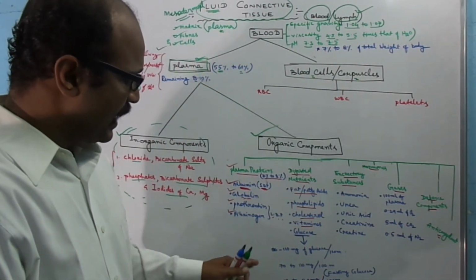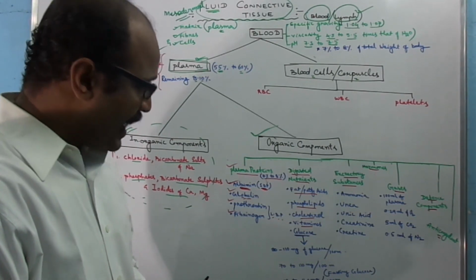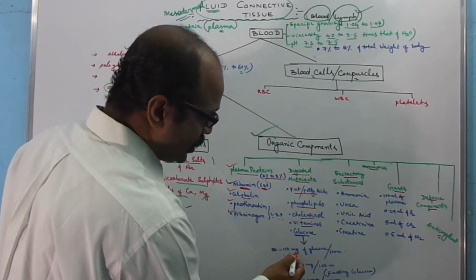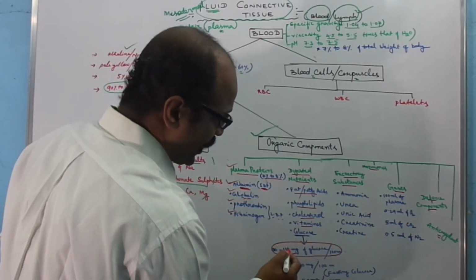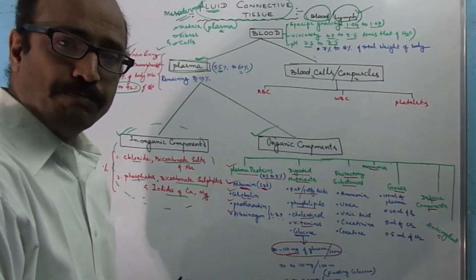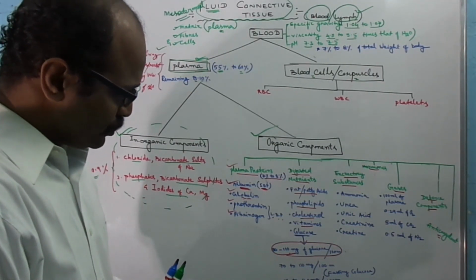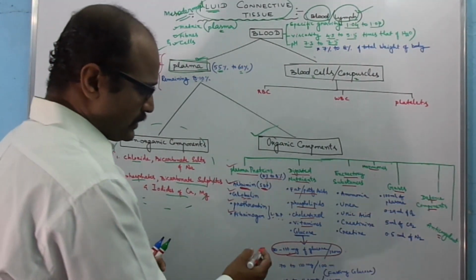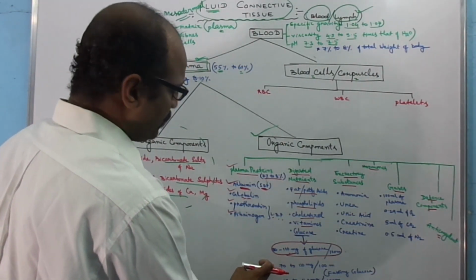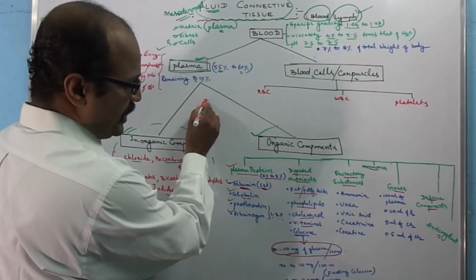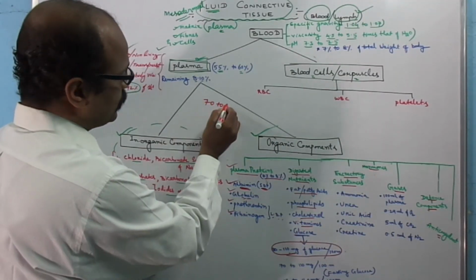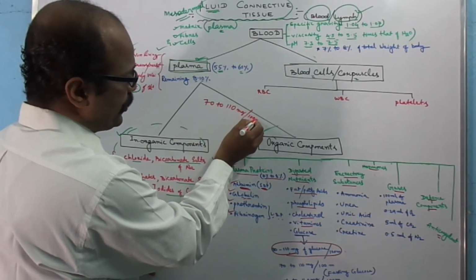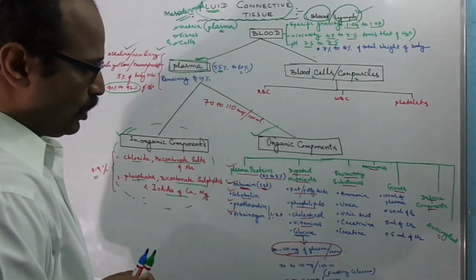The important thing is the glucose level in plasma, which is 80 to 110 mg per 100 ml of blood 12 hours after a good meal. During the fasting condition, it may be 70 to 110 mg per 100 ml of blood.